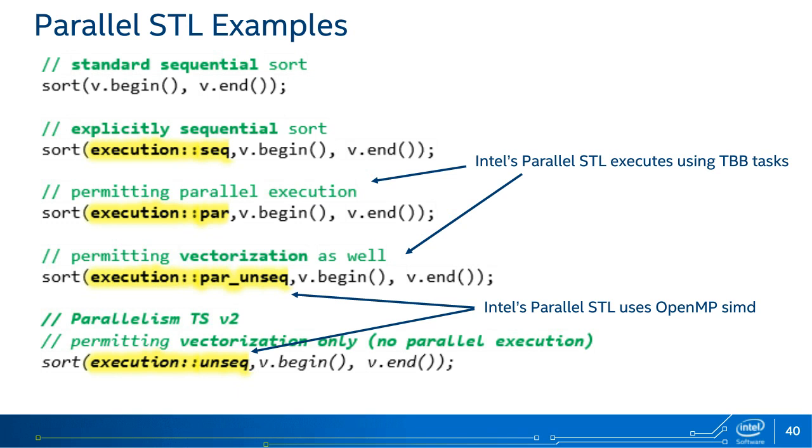This is good because it becomes composable with all of the other algorithms you've implemented using TBB. If you use a policy that requires vectorization, it's going to be implemented using OpenMP SIMD pragmas to allow execution on the vector units within your core.